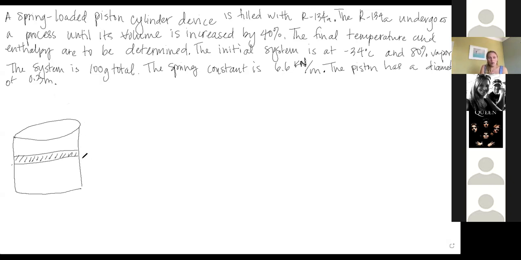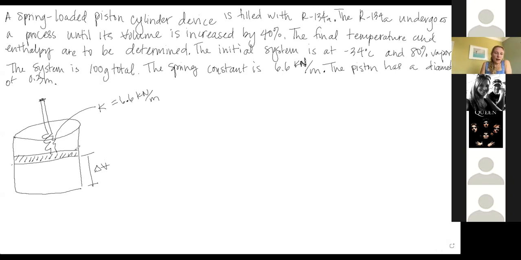So our volume can change based on how the piston moves. And this piston is spring loaded. So our spring here has a spring constant of 6.6 kilonewtons per meter.